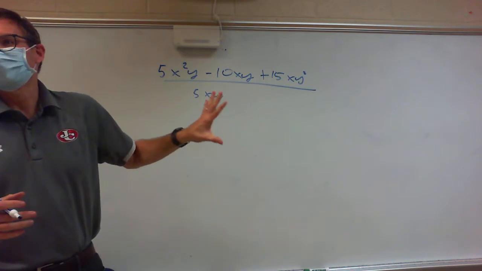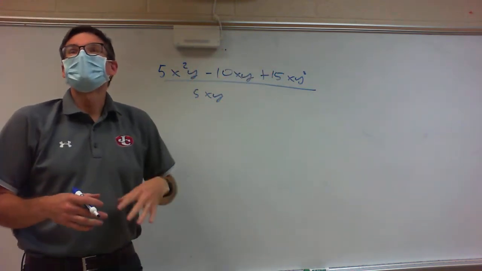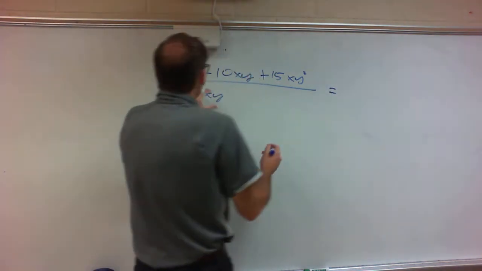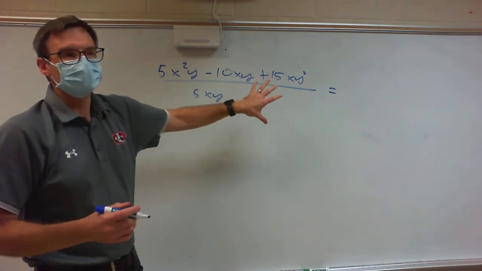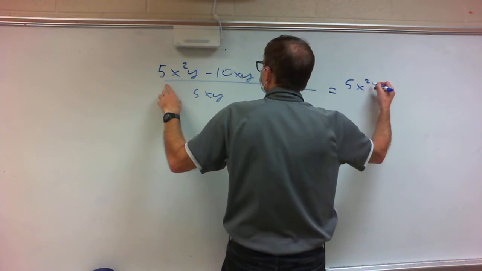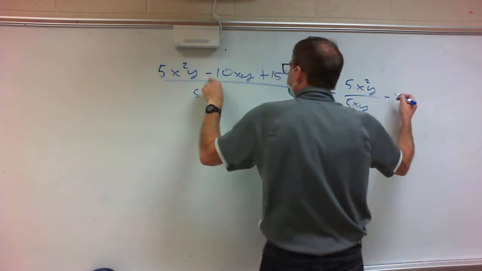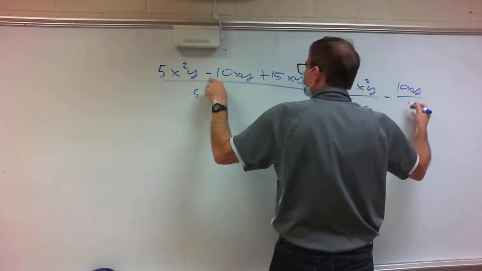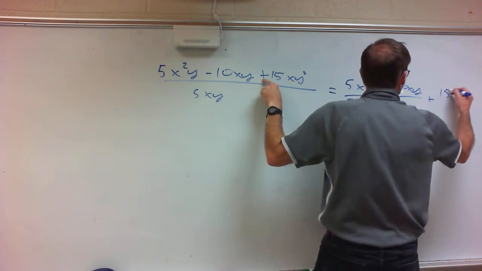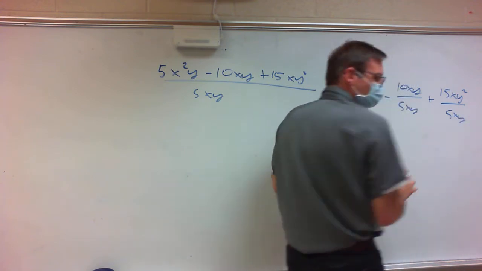And anytime you have a fraction with several terms on top and one term on the bottom, you can break it apart. What I mean by break it apart is I can break this into 3 little fractions, where it's equal to 5x squared y over 5xy minus 10xy over 5xy plus 15xy squared over 5xy.